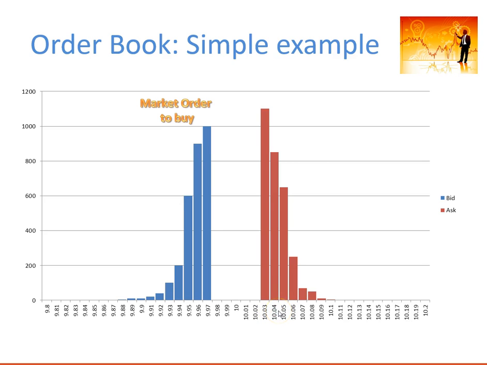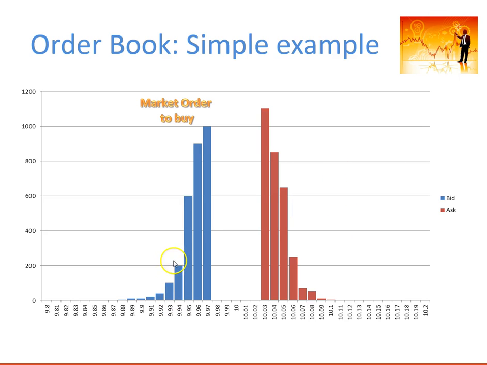$10.04, and so on. As this order book sits right at this point in time, no trades can take place because there is no point at which there is a matching of an offer to buy and an offer to sell. So let's say you came in and placed a market order to buy, which means you said, I want to buy immediately, I want to execute immediately, and I just want to buy at the best possible price that I can.